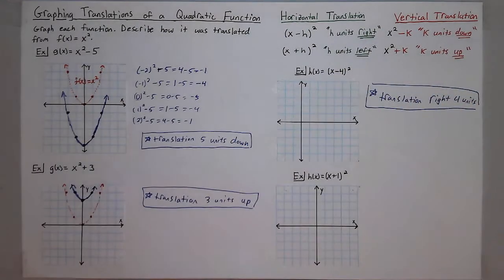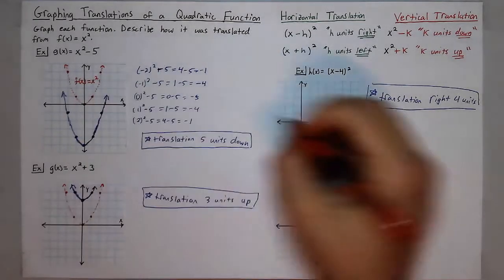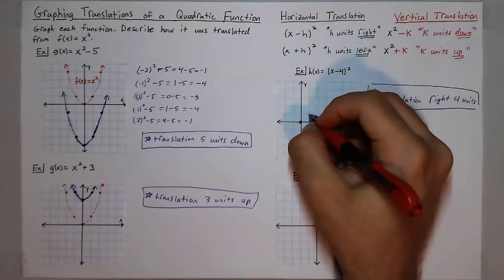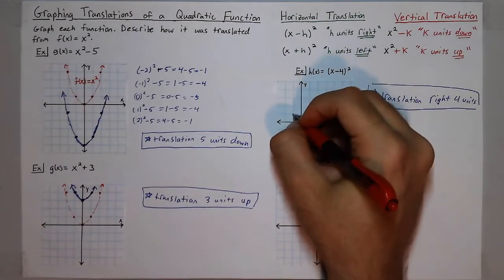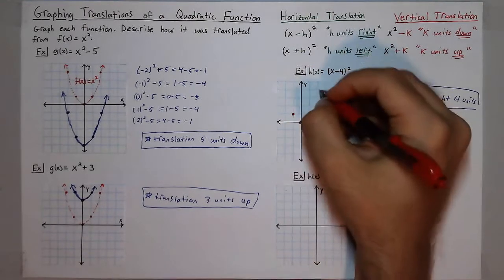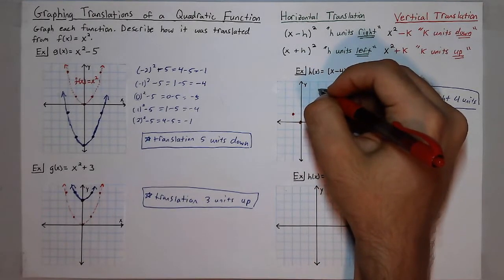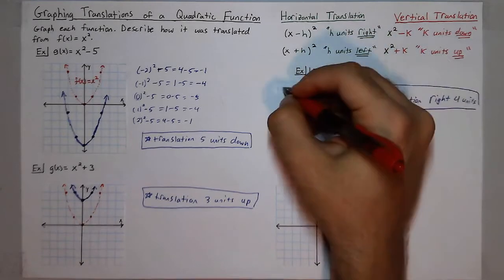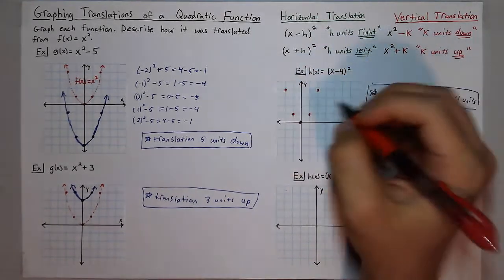So again, if I imagine my original parent function, which would be 0, 0, 1, 1, -1, 1, because again, these are symmetric. 2, 4, and -2, 4.